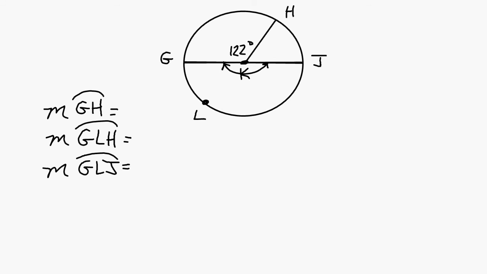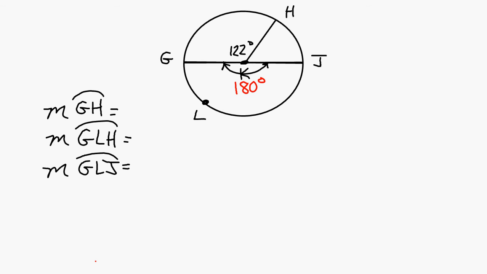If the bottom angle here is 180 degrees, then the whole top angle has to be 180 degrees. These two angles up top are a linear pair. So this little angle on the right, HKJ, would be equal to 180 minus 122, which is 58 degrees.